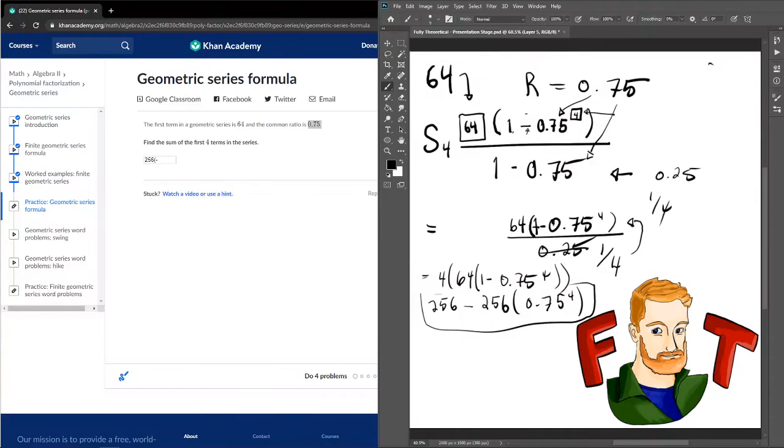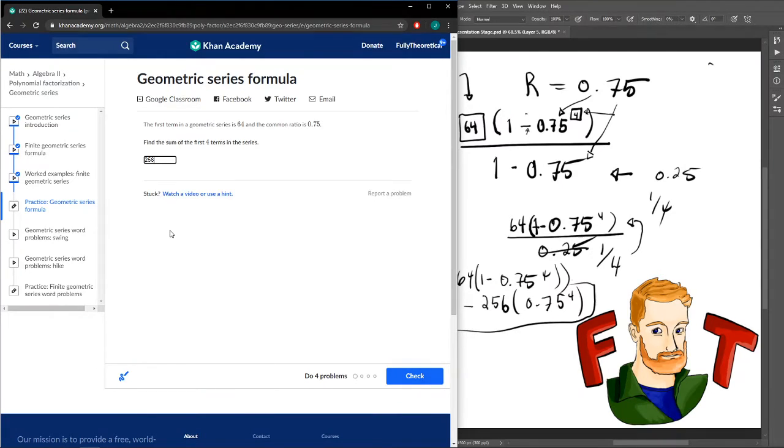We distributed, so 256 minus 256 times 0.75 to the 4th. See if they like that. No, they do not like that. They hate that. Okay.